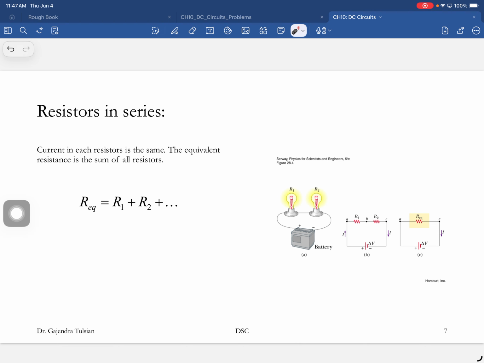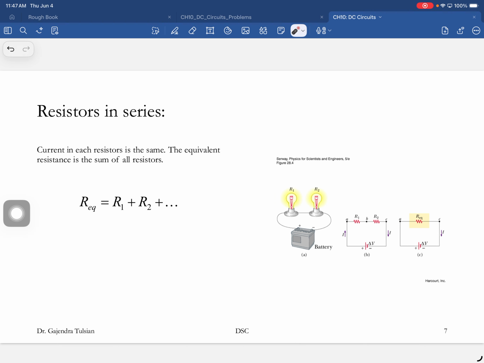The other advantage is that every device is seeing the same voltage. The equivalent resistance is 1 over R1 plus 1 over R2, and so on.